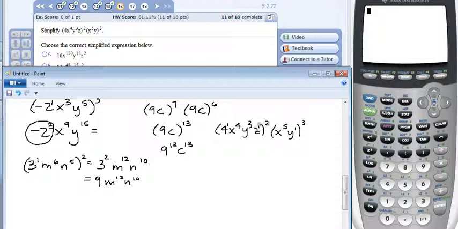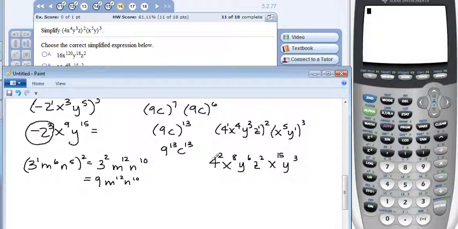So everything in this parenthesis is going to get the power of 2. Okay, so I've got 4, 1 times 2 is 2, x8, y6, z2. I'm multiplying all these powers by 2. And then I've got these multiplied by 3, so I have x15, y cubed. Okay, 1 times 3, 5 times 3.